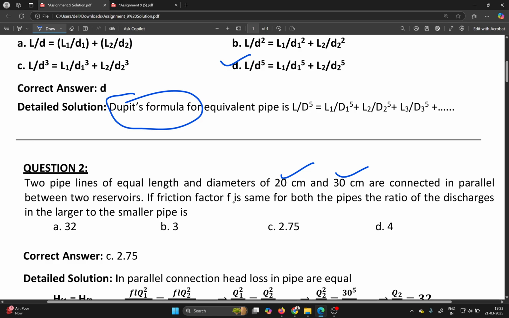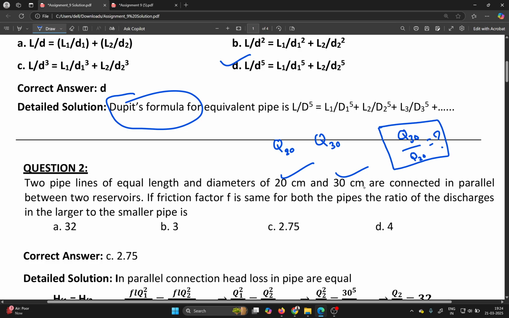Remember please, if the friction factor F is the same for both pipes, the ratio of discharge in the larger to the smaller pipe. You have two pipes, that is the discharge in 20 centimeter and the discharge in 30 centimeter. So here the question is, if the friction factor is the same for both pipes, the ratio of discharge in the larger to the smaller pipe, means Q30 divided by Q20, you need to calculate here.